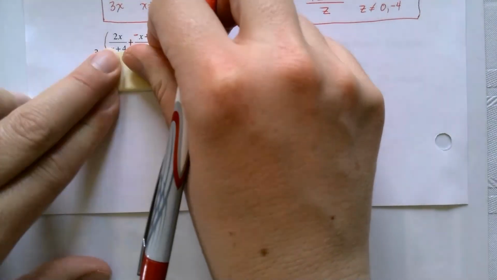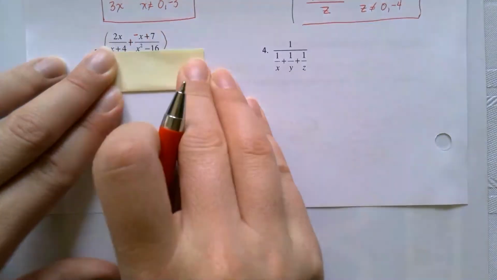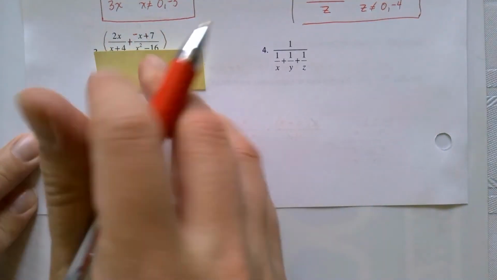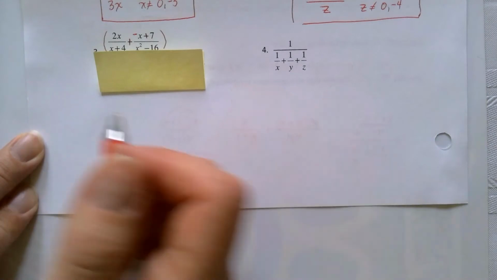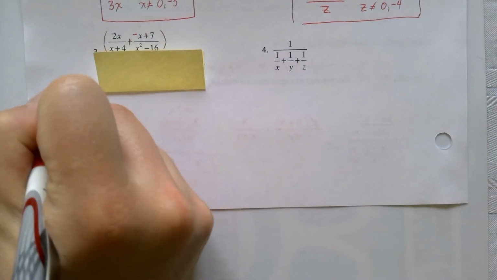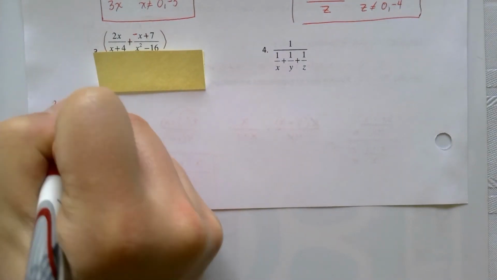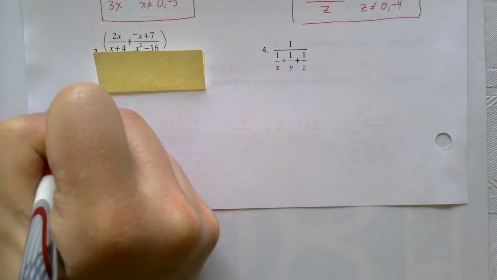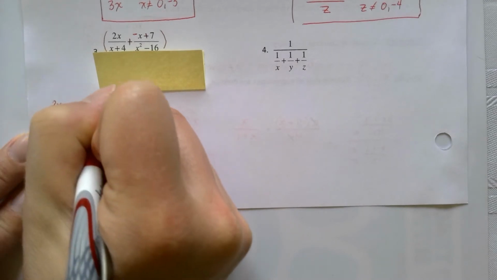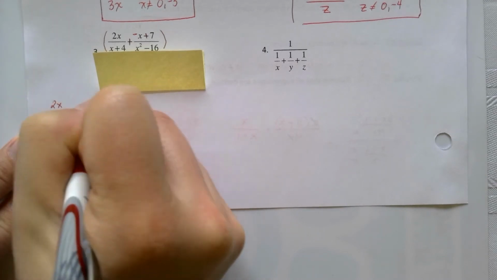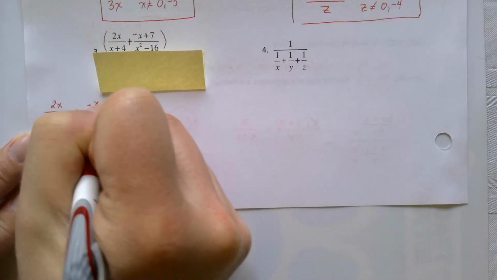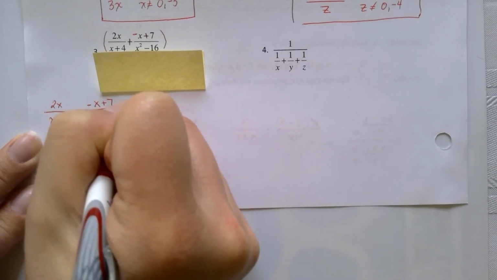I want to give myself some room here to work. So my numerator over here is 2x, and my denominator was x plus 4. We already changed our signs to negative x plus 7, and I want to factor that denominator as x plus 4, x minus 4.